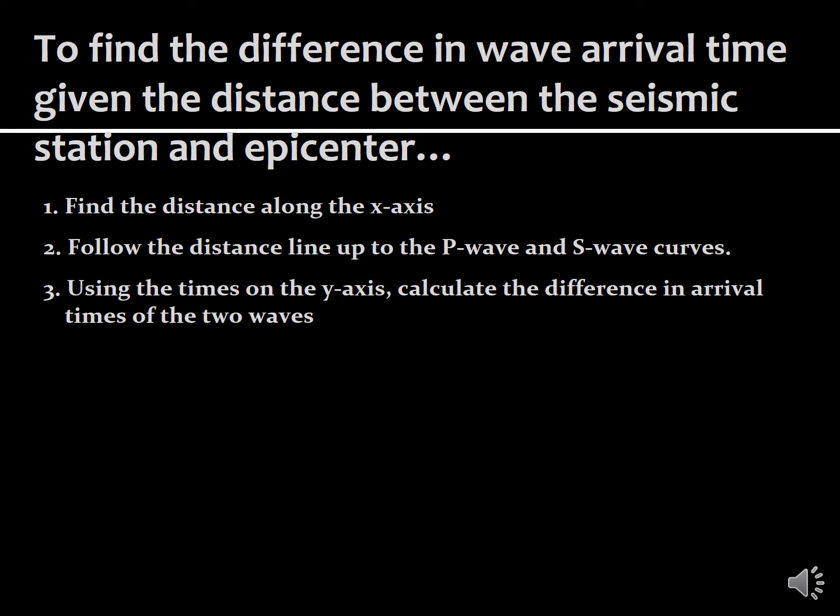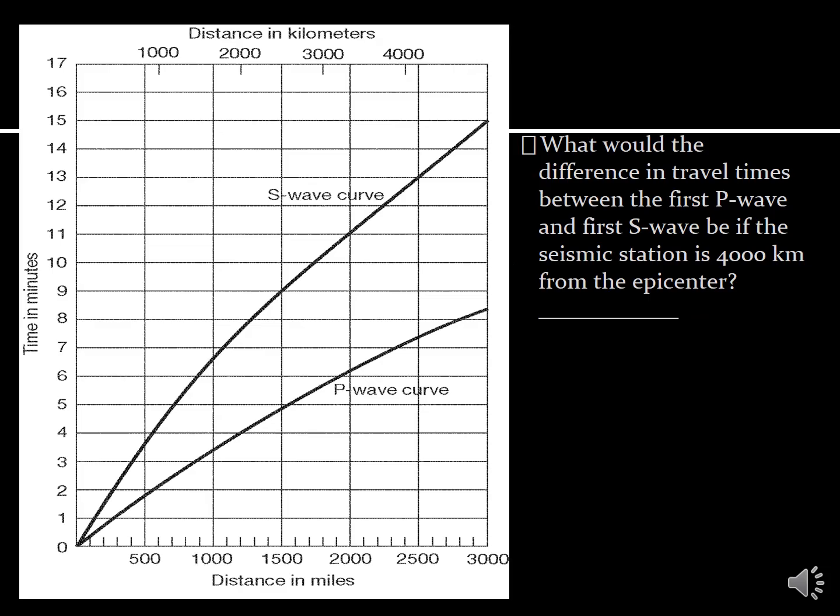Now we need to find the difference in wave arrival time, given the distance between the seismic station and the epicenter. So follow the distance on the x-axis. Follow the distance line to the P wave and S wave curves. Using the times on the y-axis, calculate the difference in arrivals of the two waves. Okay. So what would the difference be in travel time of the first wave if the seismic station is 4,000 kilometers from the epicenter?